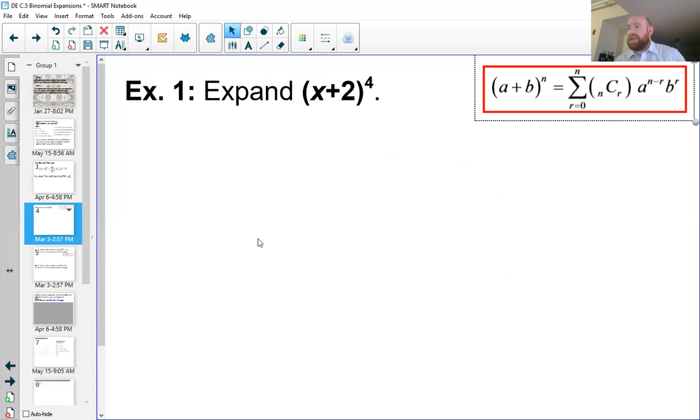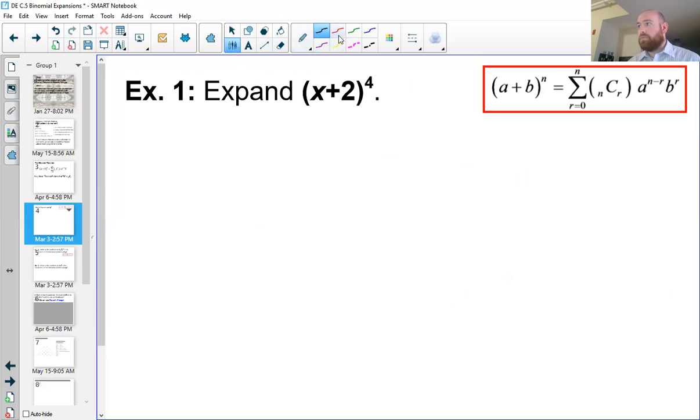So we want to expand x plus 2 to the fourth power. And so some things to note. In this case, our exponent is n, so n is 4. a is going to be x, b is going to be positive 2.